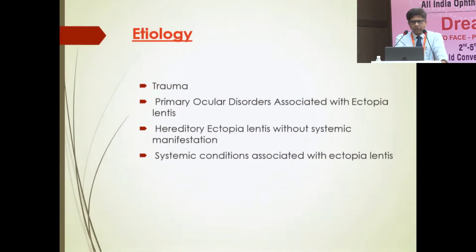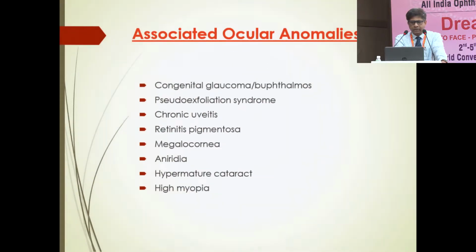So to diagnose any case, we need to know the etiology, and trauma is the commonest etiology of ectopia lentis. The good thing is that with trauma, zonular dialysis or zonular weakness is non-progressive, whereas there are other conditions: primary ocular disorders associated with ectopia lentis, hereditary ectopia lentis without systemic disorder, and there can be systemic disorders associated with ectopia lentis.